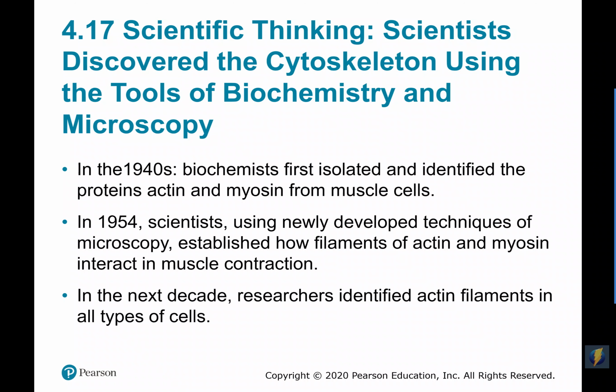And then after we discovered the myosin and the actin in the muscle cells, scientists were able to discover actin filaments in all types of cells, not just our muscle cells.